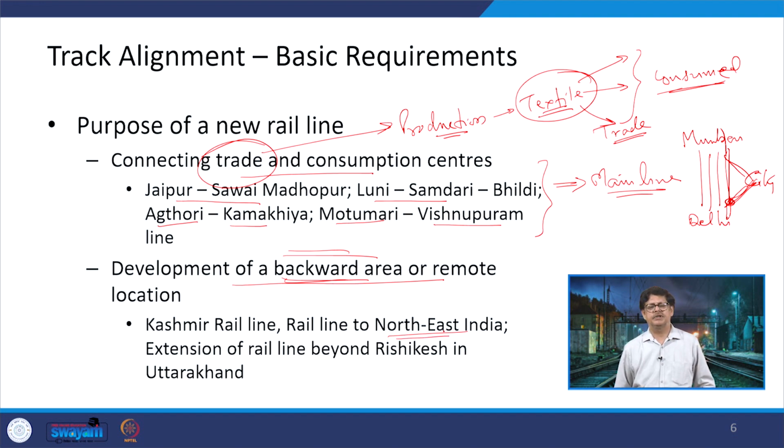There are many locations in the northeast which are not properly connected, and the main connectivity is through a very circuitous road, because you have to follow the contours of the terrain, and it takes a lot of time. It is very exhausting, though you will be able to see the beauty of that area, but yes, there are certain travel problems. So, rail lines have now been provided to that particular area.